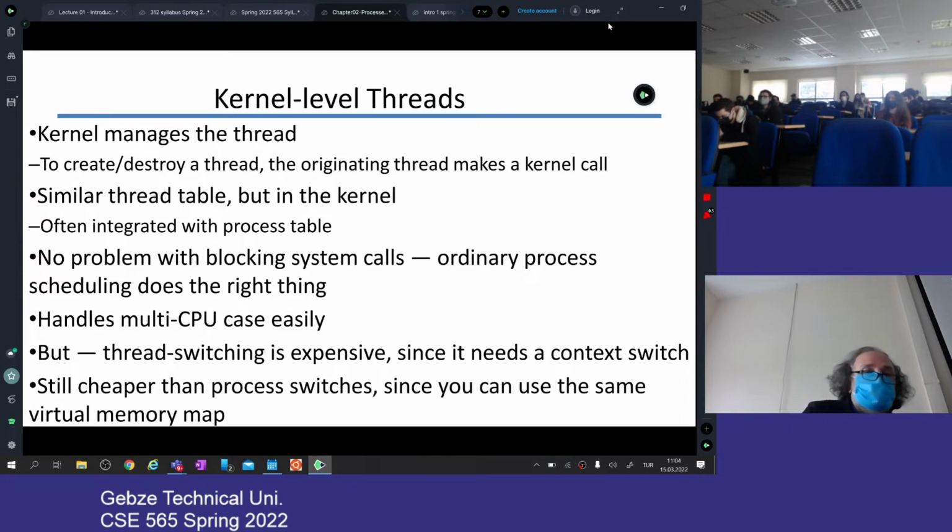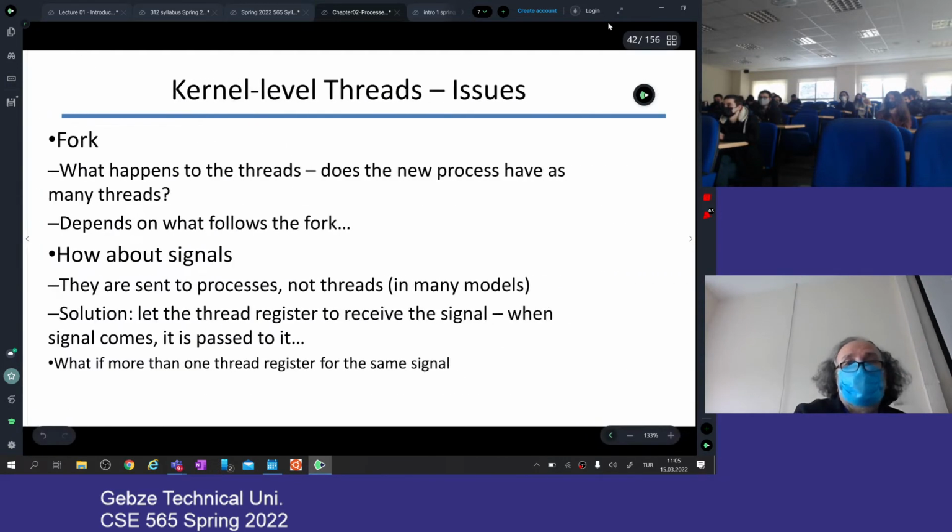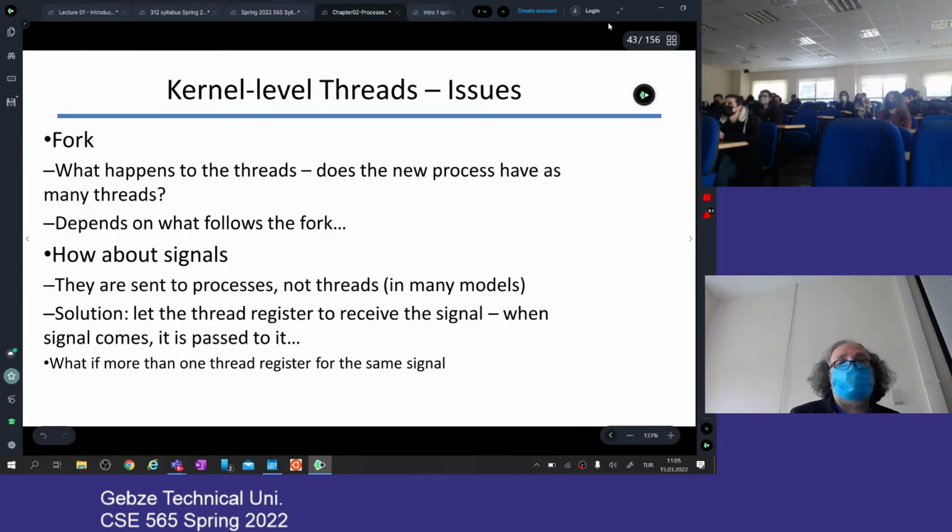But again, thread switching is expensive, because it needs context switching most of the time. And anything I do with the threads is going to result in system calls, which is context switching, which is copying of data across the protection boundary. So those are the disadvantages of kernel level threads.